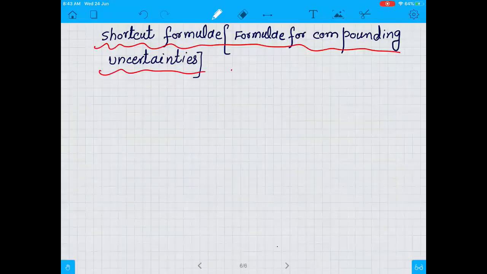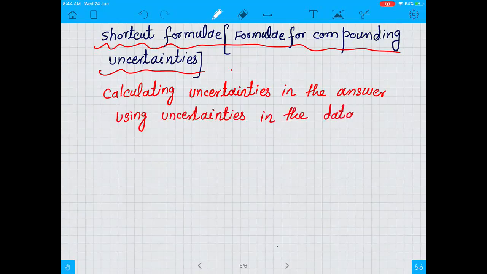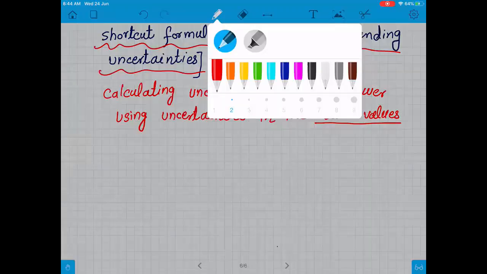Basically it is calculating uncertainties in the answer using uncertainties in the data values, and you are only going to use uncertainties and not the original values.